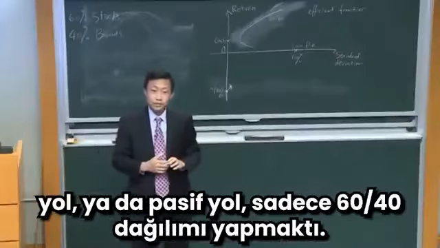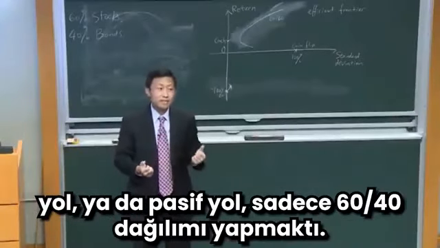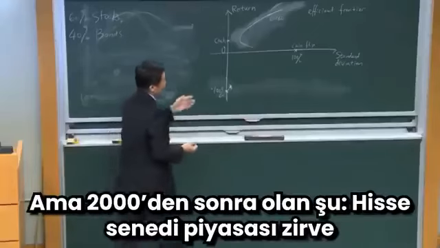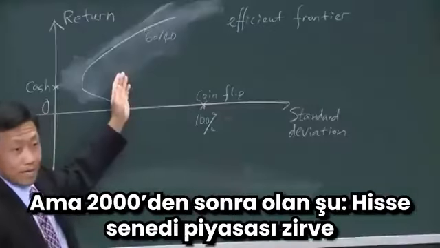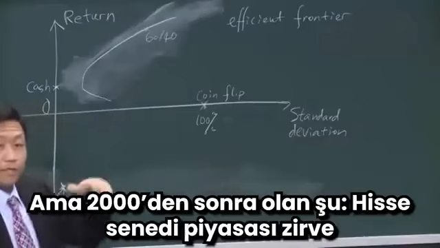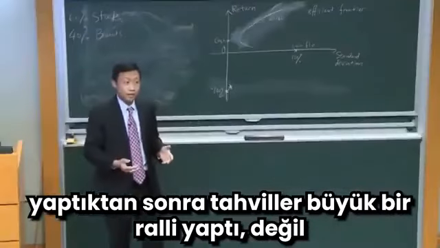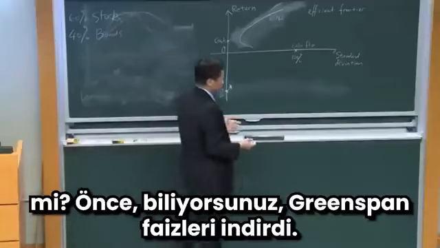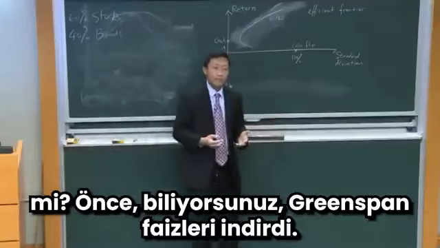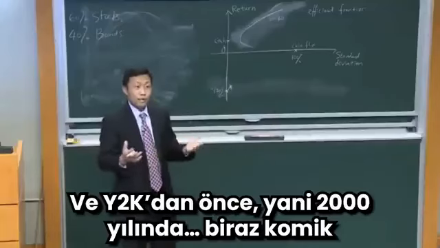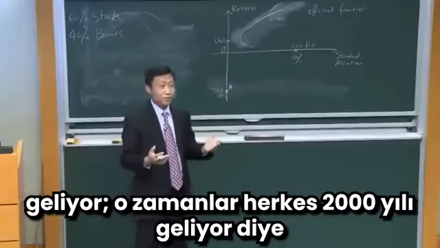For a real asset manager, the easiest, passive way is just to allocate 60-40. But after 2000, the equity market peaked and the bond market had a huge rally, as first Greenspan cut interest rates before Y2K, the year 2000.